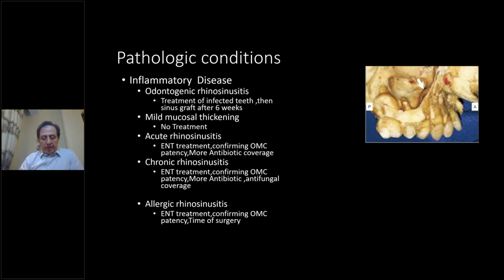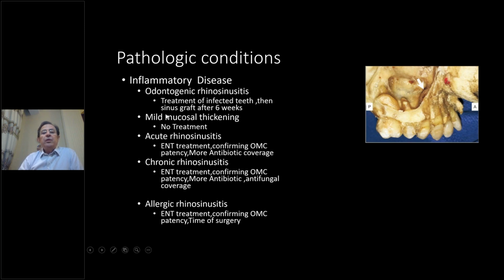How about the pathologic condition? There is some pathologic condition. The first one is inflammatory disease, which originates from the teeth, odontogenic rhinosinusitis. Sometimes the roots of the premolar and the molar are inside the sinus, and if there is an infection, they can lead to sinusitis.